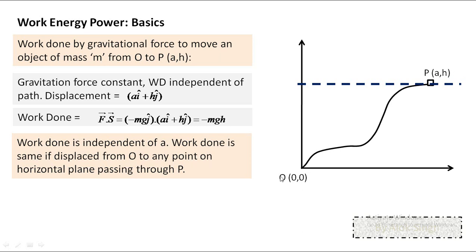Hence work done to move an object from O to any point on this line along any path will again be minus mgh. It only depends on the component of displacement along the y direction. The force is acting along the y direction here.